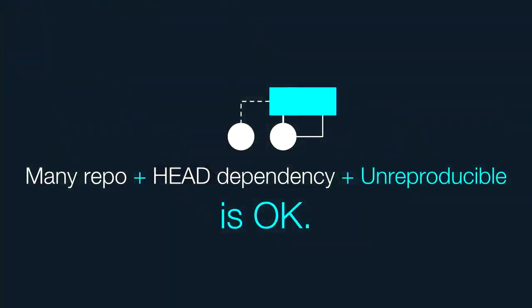Because you can take a specific repo, take that commit, and inside of it, everything is versioned. So it's still reproducible, right? The dependencies are just versioned. If you want to say, you know what, let's relax the reproducibility. Let's say many-repo head dependency and unreproducible also works. You just resolve every build, you resolve the latest version, and you get head dependency.